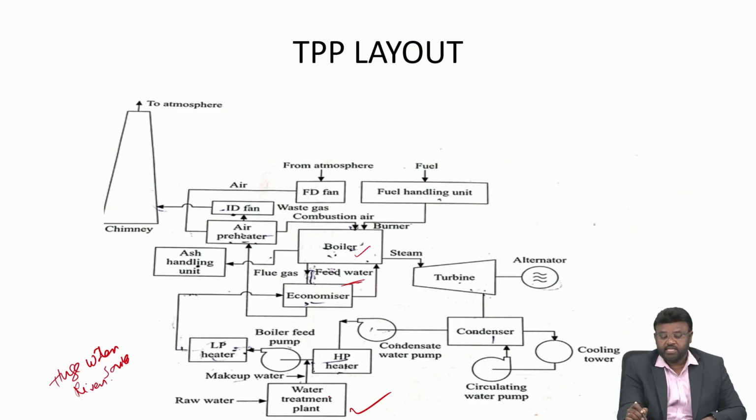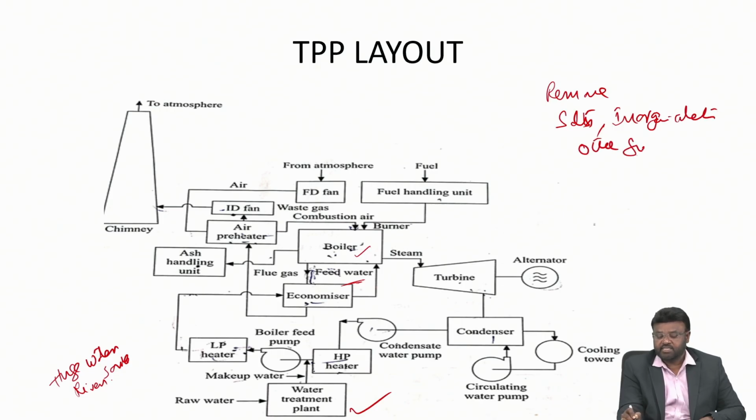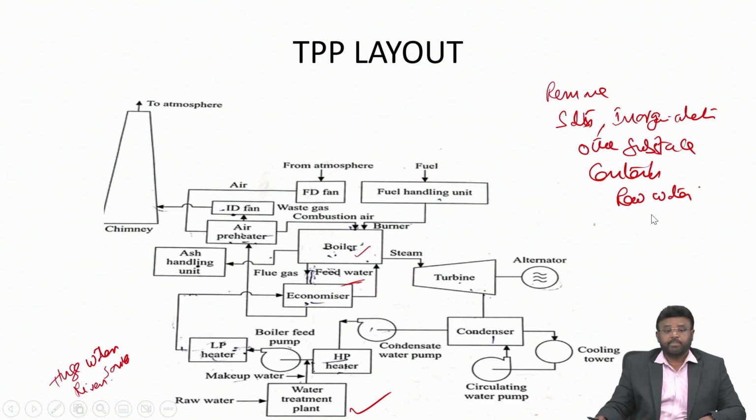So in order to get the quality of water, we need to remove salts, inorganic matter and other substances or contents present in the raw water. So these are to be removed. For that purpose, we need this water treatment plant.